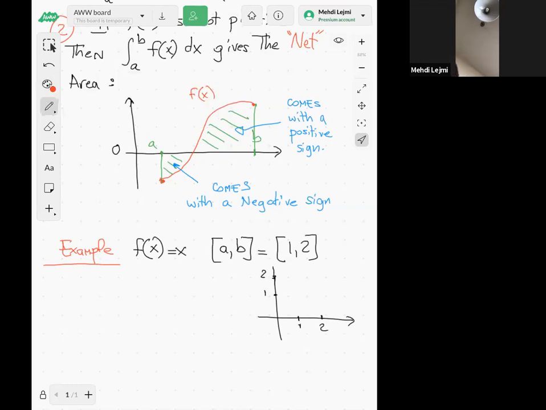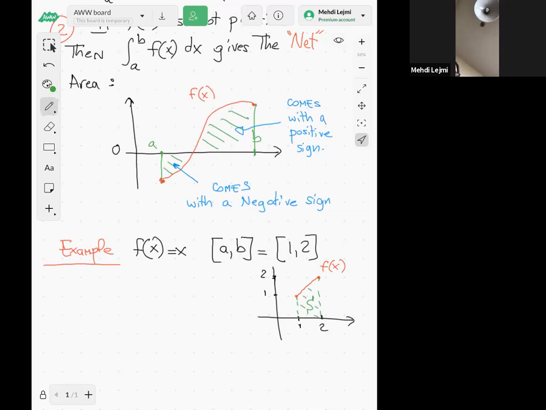This is your function f of x, and the region S would be this one here. Let's say you want to compute the area of the region S using the Riemann sum first, and then we will do just the usual integral.